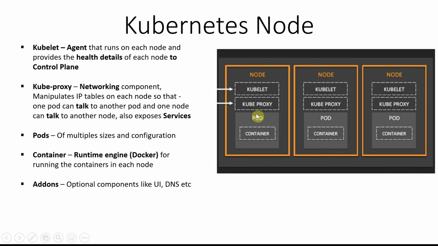Primarily, everything has an IP, and you may want to associate a domain name like google.com to a particular IP. You can associate a domain name in Kubernetes by introducing these add-ons. A lot of add-ons are there in Kubernetes, and every day it is growing, so we can choose what add-on we want. So that's about the node.